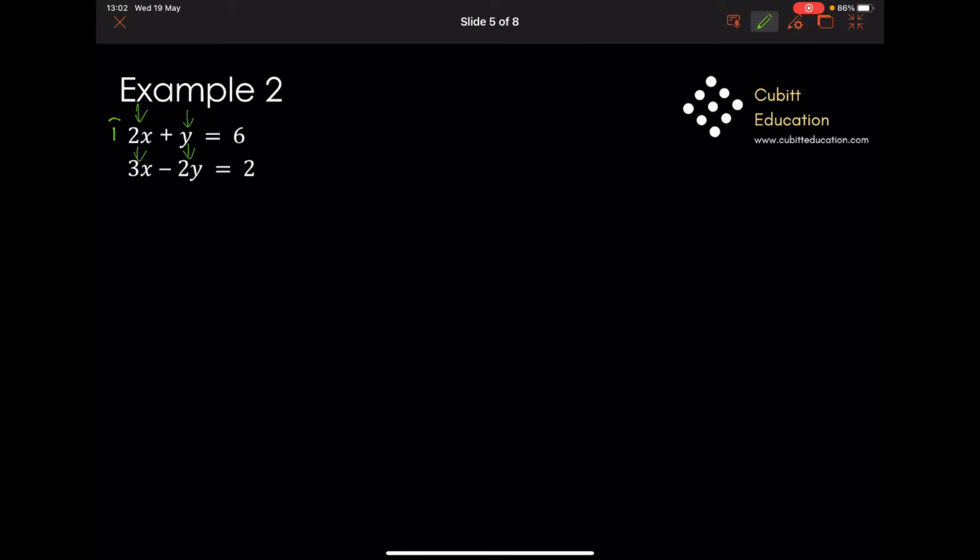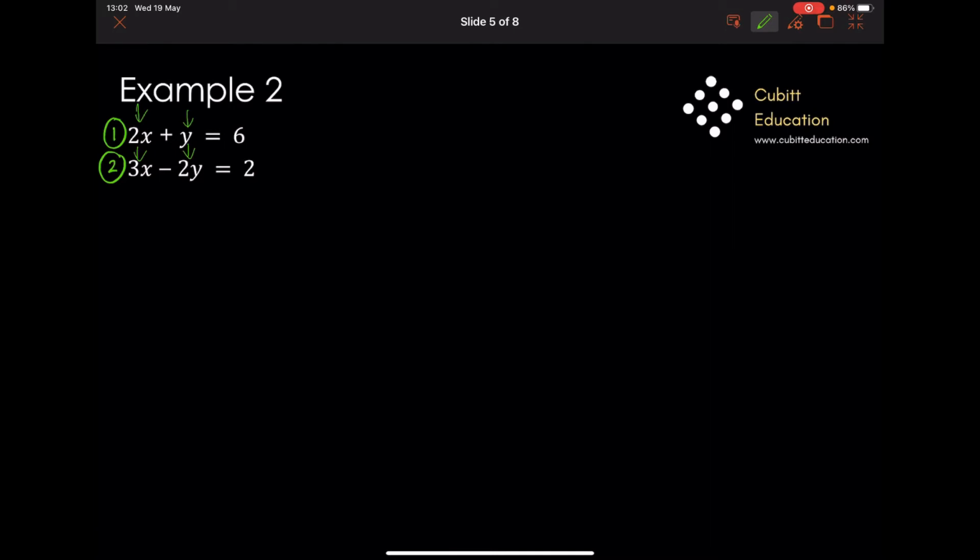So I'm going to label this one equation 1 and this one equation 2. Now, you can choose really what you're going to do here, but you need to get those x values the same or the y values the same. Because the y's have got some negatives in there, a negative in that 2y, I'm going to leave them alone and look at the x's.